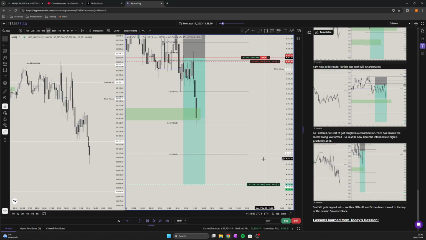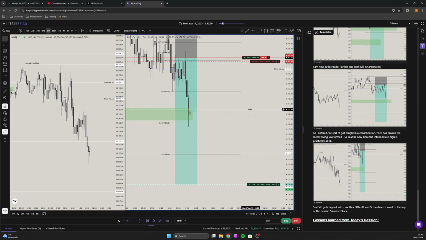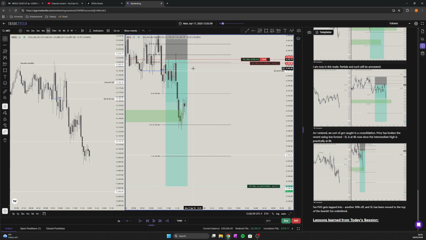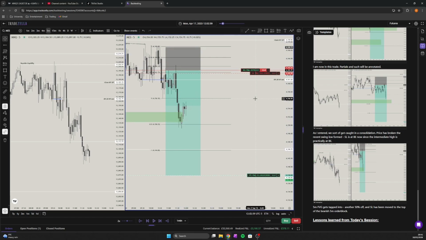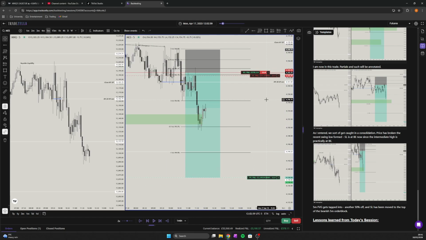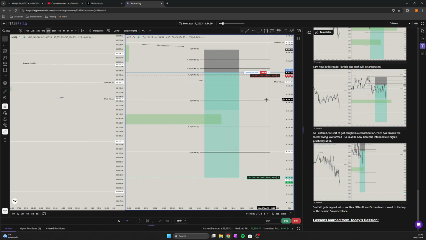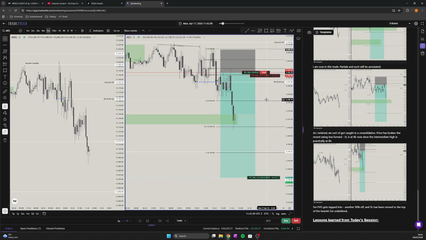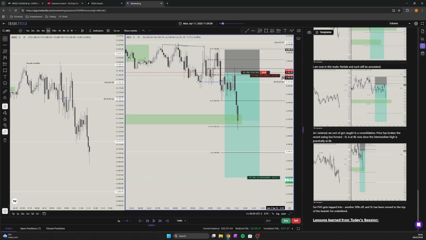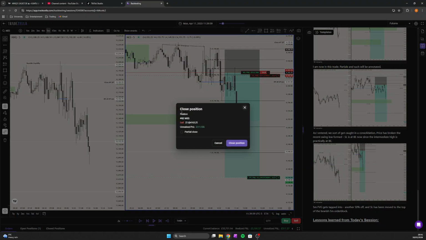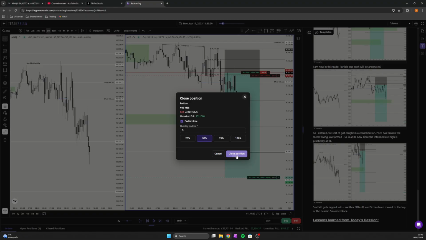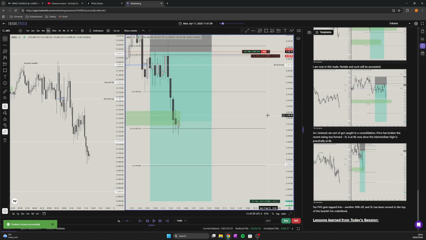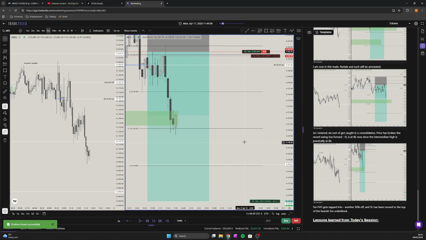Let's see what price does. Does it rally in for a rebalance? Did I take position off? I don't think I did. Which candle was it? It was this one, pretty sure. Close position, 50. Yes. Okay. Let's just see what happens.